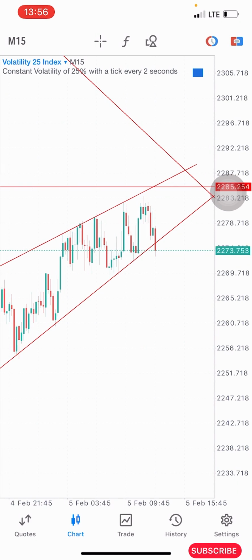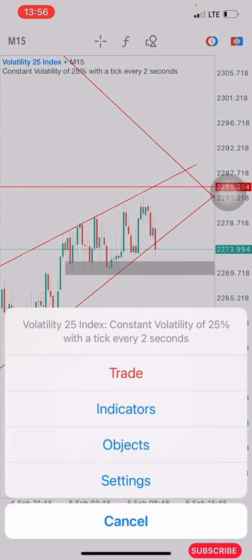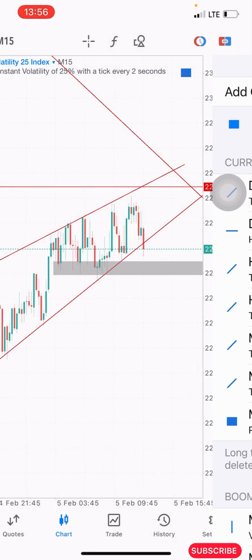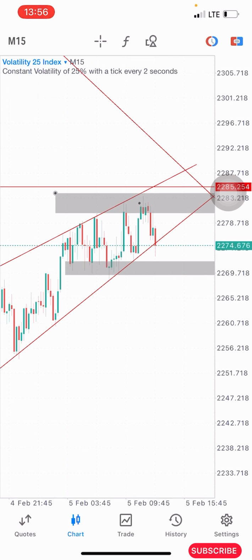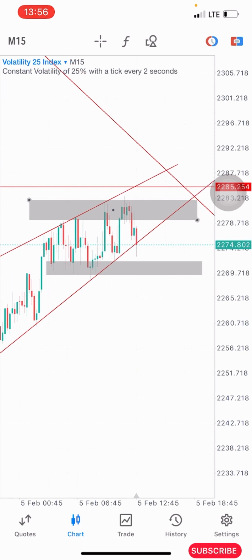Then after the selling, you can see that there is a support and resistance zone around this area. All right, a mini support and resistance zone, and there is also another one here, right? There's another support and resistance zone around this area that has previously bounced price to the downside.